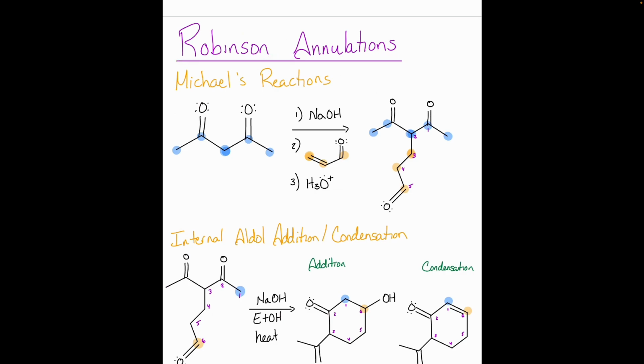And we got a lot of names today. The Michael, the Robinson. We'll talk about a Stork enamine synthesis, all right? It's kind of a pain in the butt when we have reactions that are named after people because it doesn't really give you much of a hint of what's going on in that reaction, right? A Michael reaction. What the heck is that? It could be anything. I kind of have mixed feelings about it. On the one hand, it's annoying.